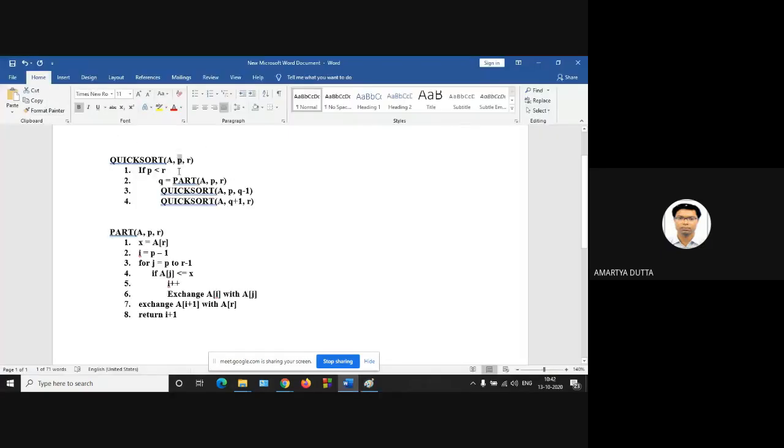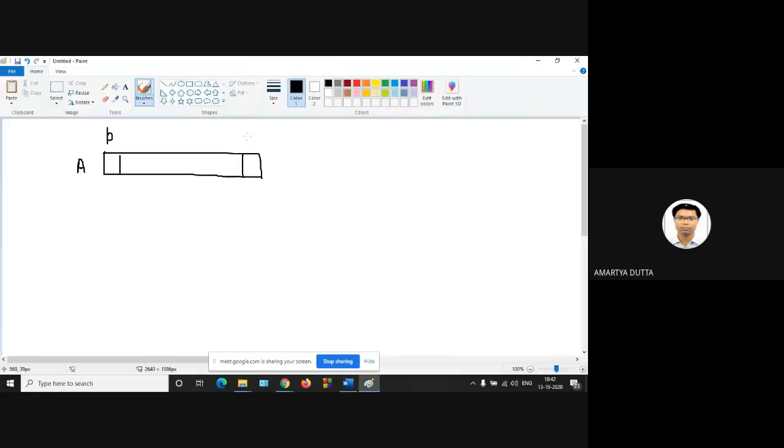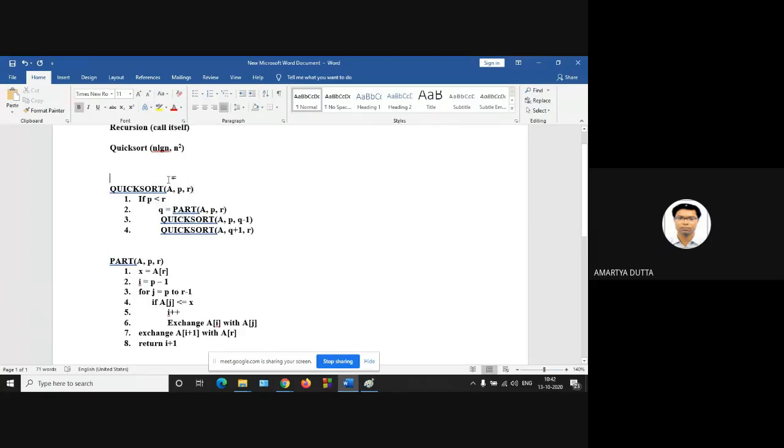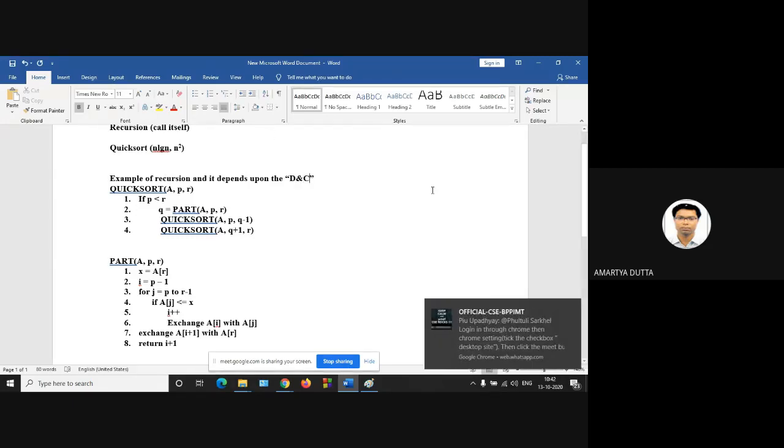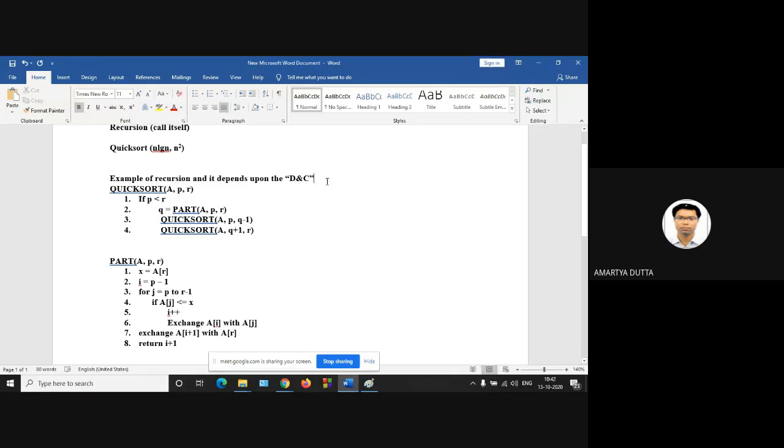And the last one is R. There are three arguments, A, P, and R. So this is your R. Actually, this quick sort is an example of recursion, and it depends upon the divide and conquer approach.